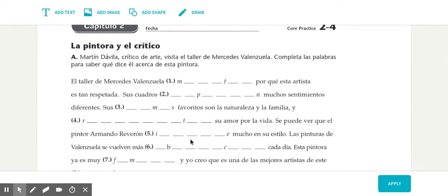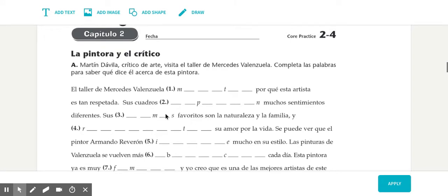La pintora y el crítico, 2-4. Martín Dávila, crítico de arte, visita el taller de Mercedes Valenzuela. Completa las palabras para saber qué dice él acerca de esta pintora. So what is this art critic saying about her, about this painter, this artist?